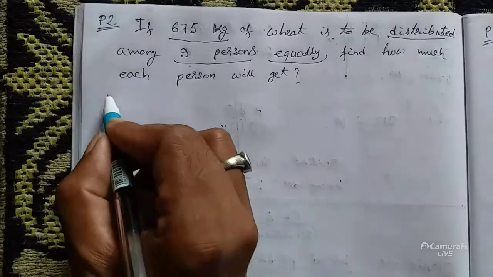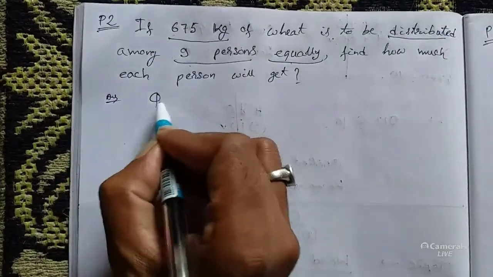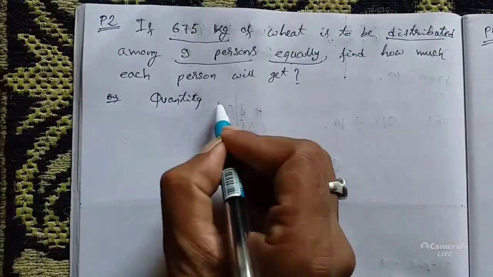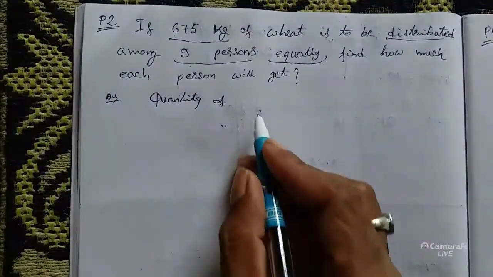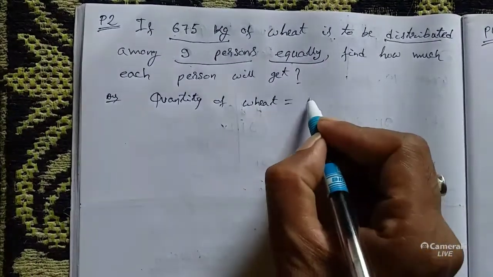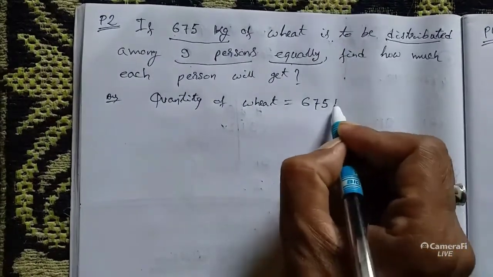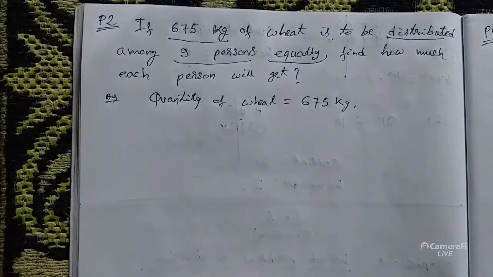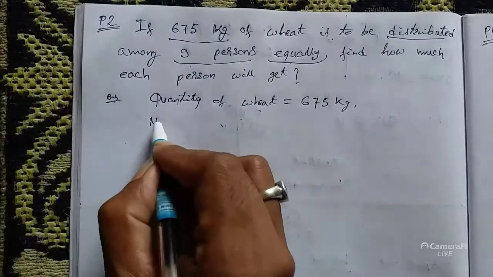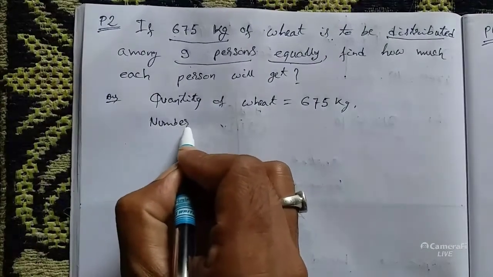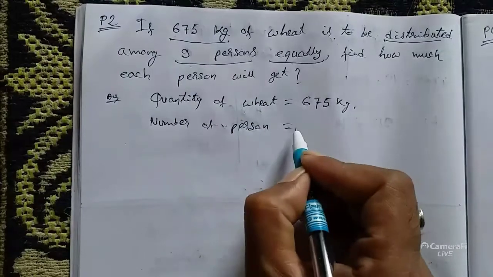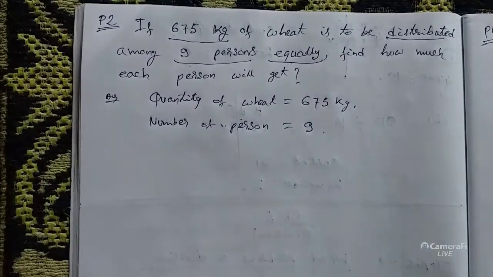So here we will write quantity of wheat equal to 675 kg and number of persons is 9.